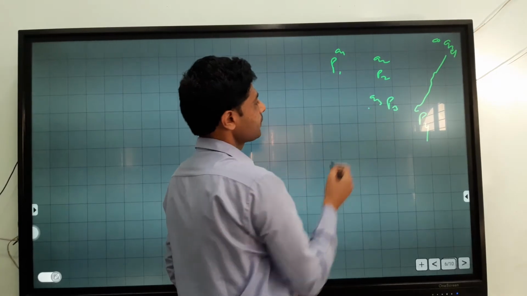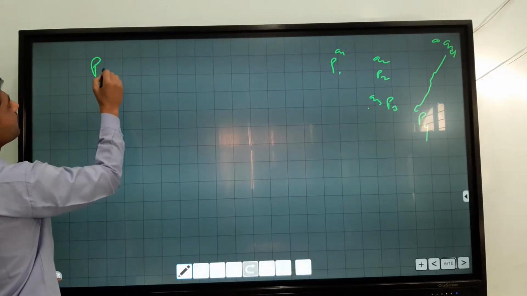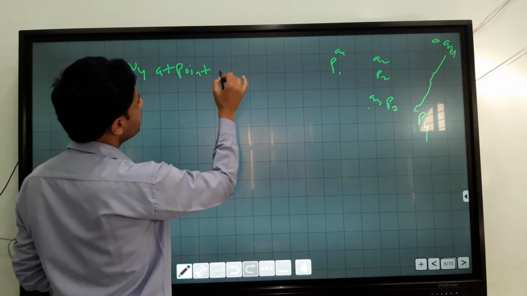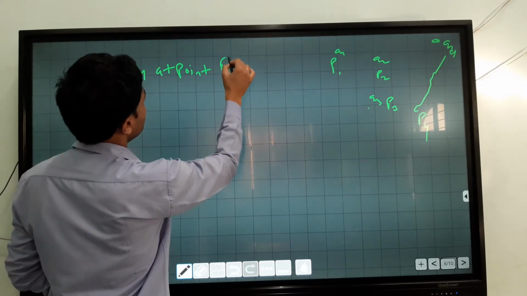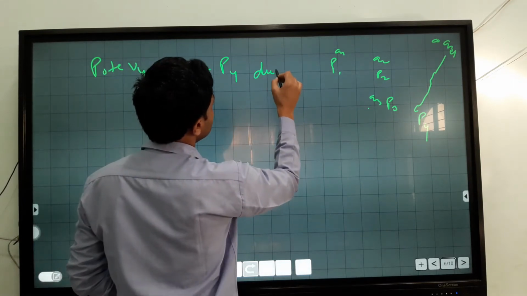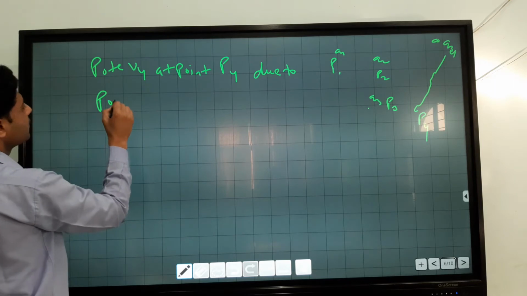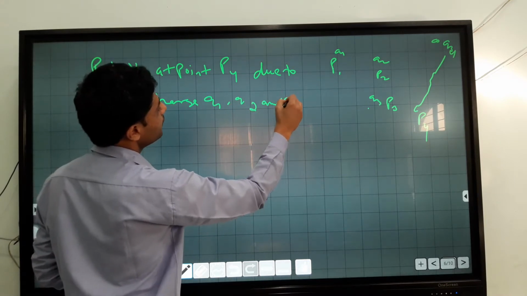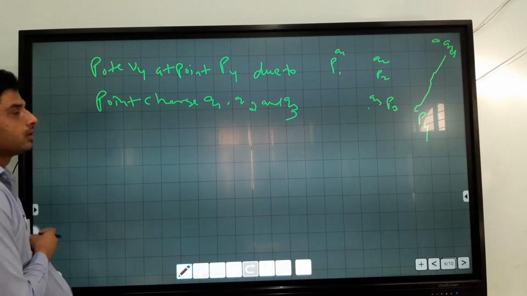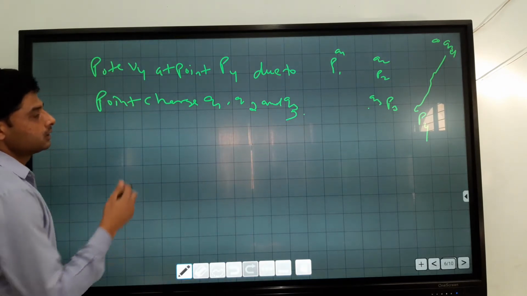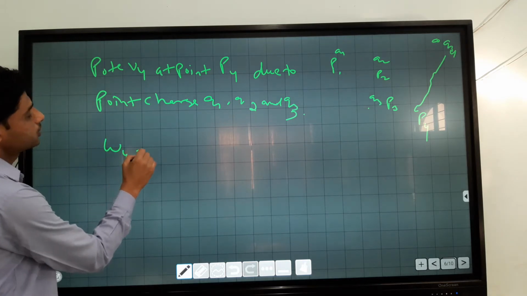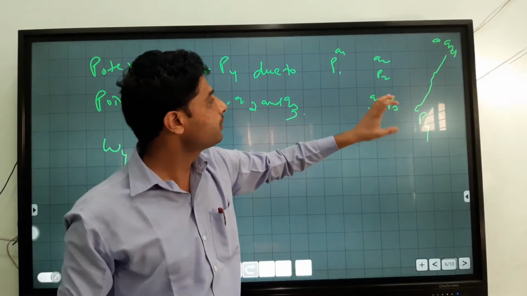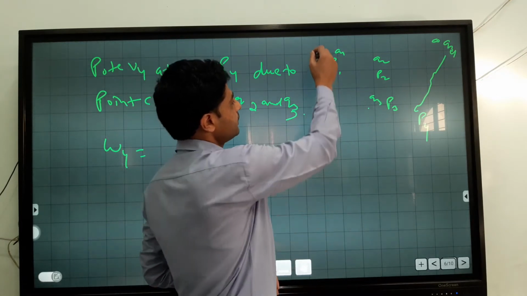So there is a potential V4 at point P4 due to point charges Q1, Q2 and Q3, and the work done W4 is to carry charge Q4 from infinity to point P4 against the potential applied by Q1, Q2 and Q3.